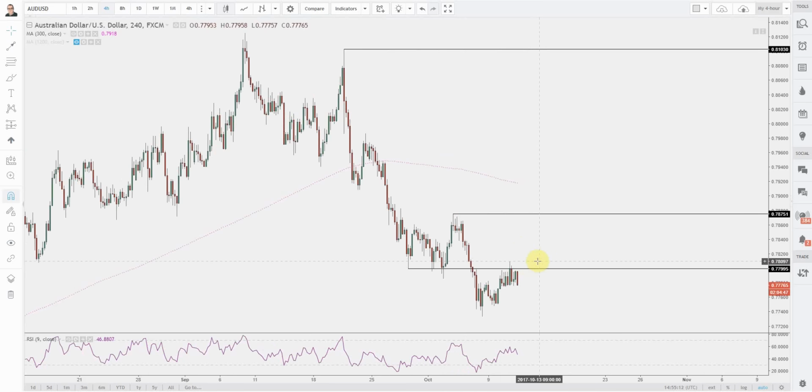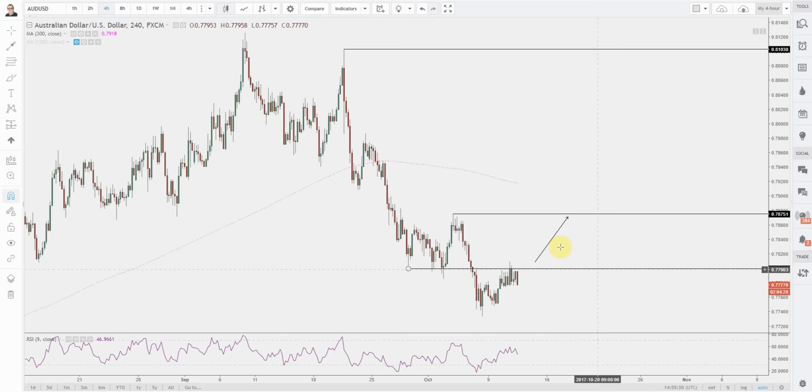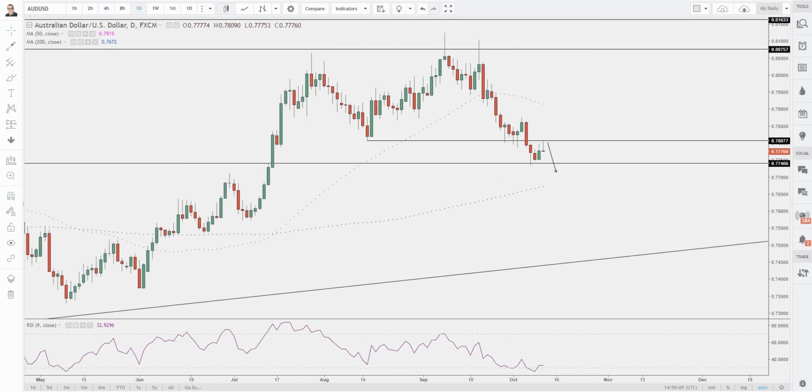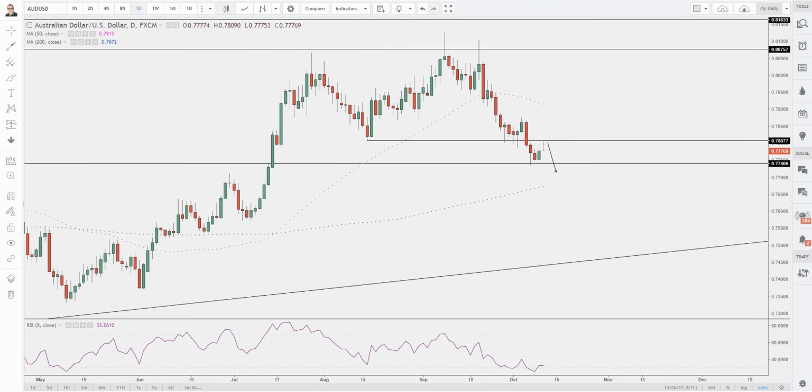and if we break back above this high, which is this previous low, and now it was a support, now it's a resistance. If we break it, that would suggest that we could move even higher to that next potential resistance level. But I wouldn't be looking for a long on the longer term unless I see a breakout above this high.